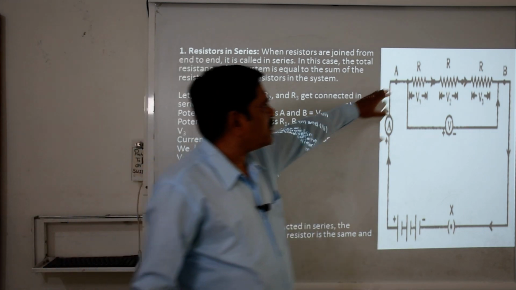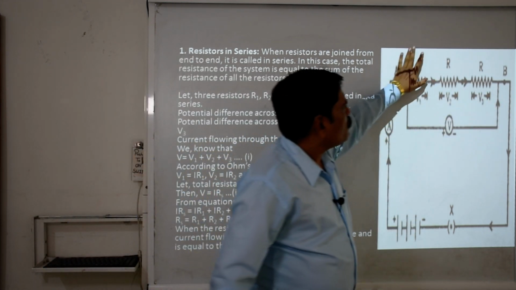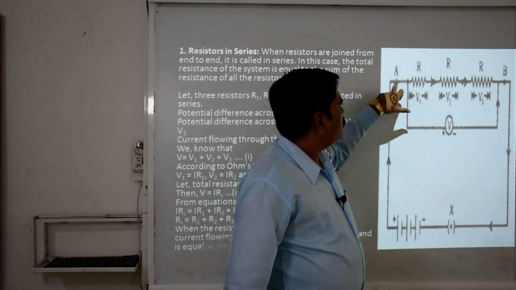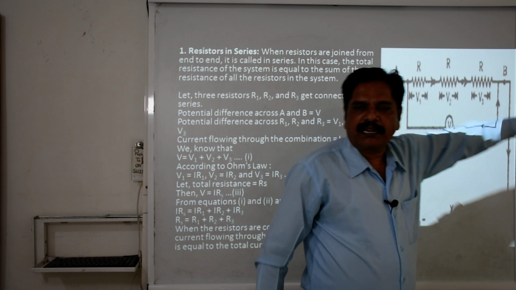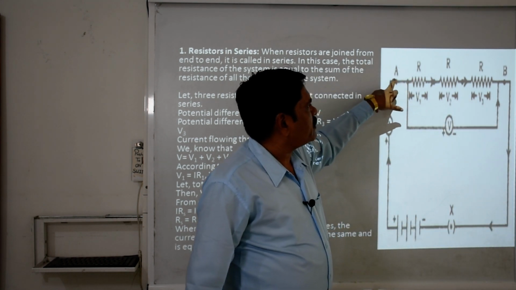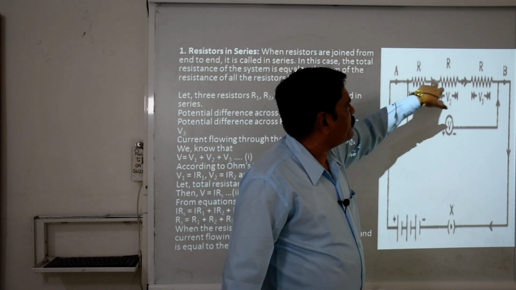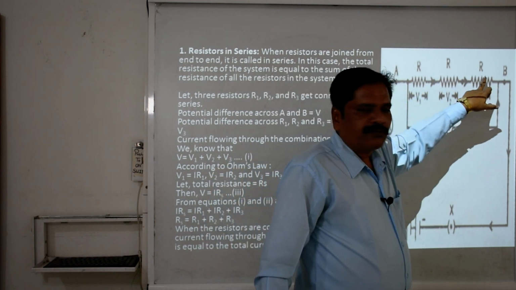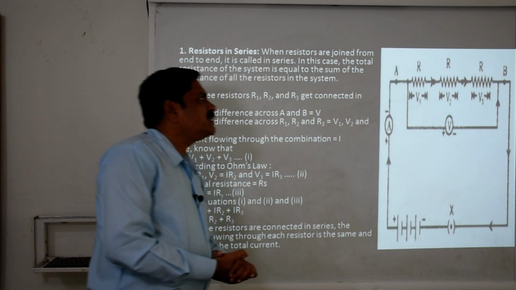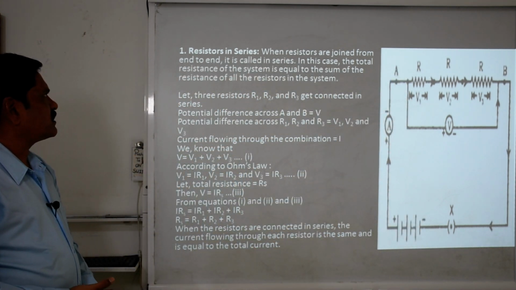Here three resistors R1, R2 and R3 are arranged between two points A and B. One end of R1 is attached to A, the other to R2, R2 is attached to R3, and R3 is attached to B. This is the series arrangement of resistors, clear?